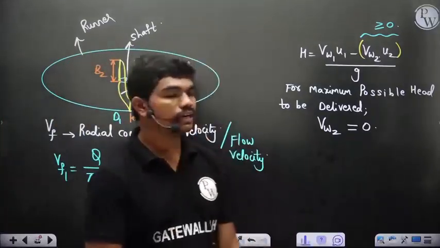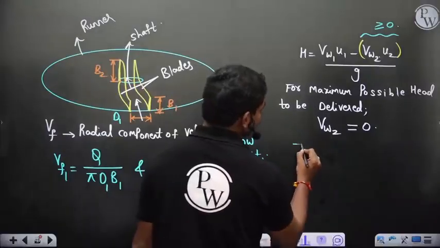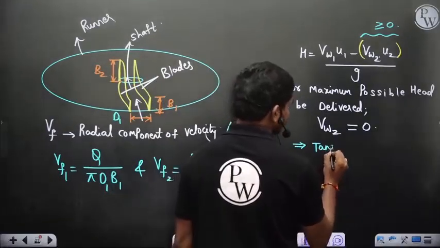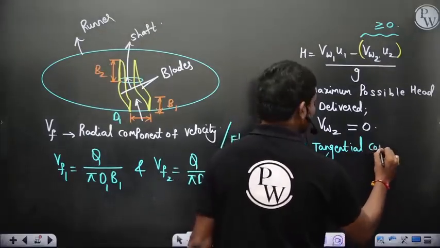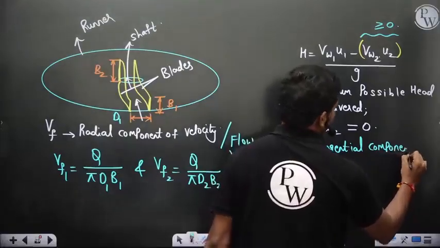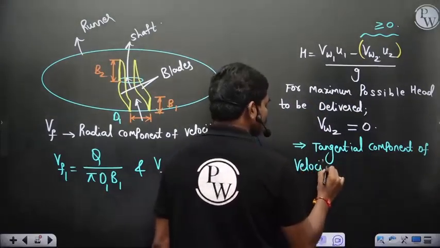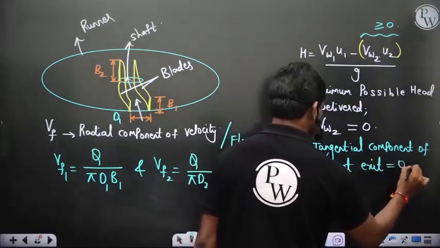Okay, so this VW2 is 0. If VW2 is 0, what does this mean purely? This implies the tangential component of velocity at exit is 0.